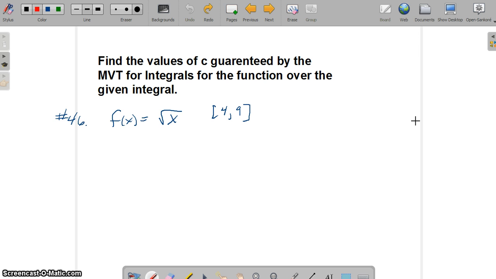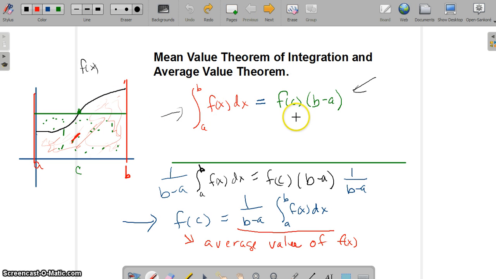In order to do this, you need to actually find the area underneath this curve between 4 and 9. If we want to figure out what c is, we need to know what this is. So let's figure that out first.